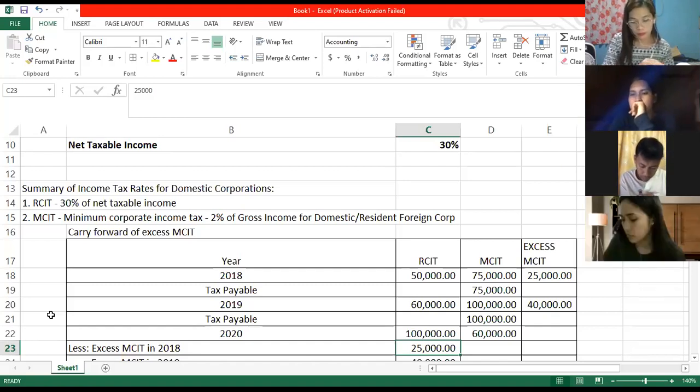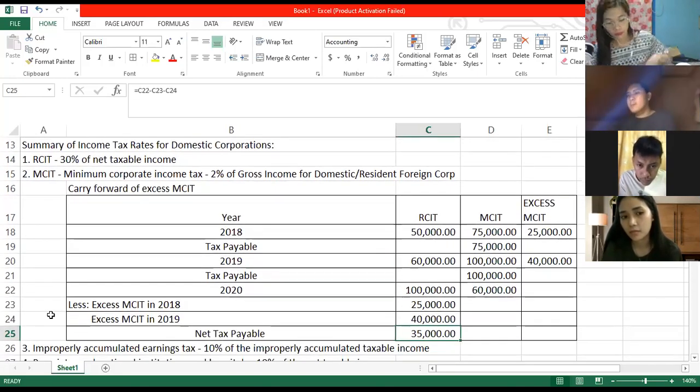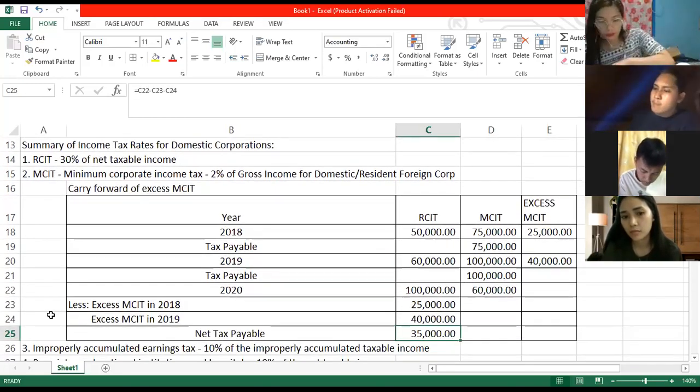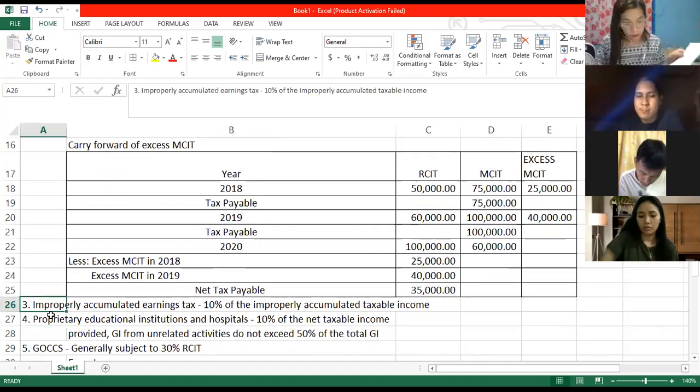Hanggang 3 years lang ha. So kapag 4 years na, hindi mo na makiklaim. Okay? Hanggang 3 years lang. Tandaan nyo. Baka kasi i-deduct nyo pa sa 4th year. Okay? So, gaya ng example natin dito. Remember the example.